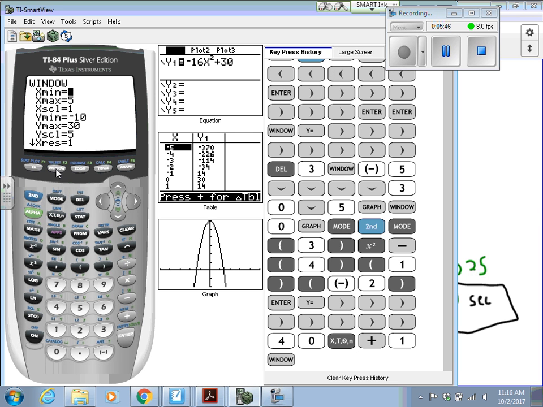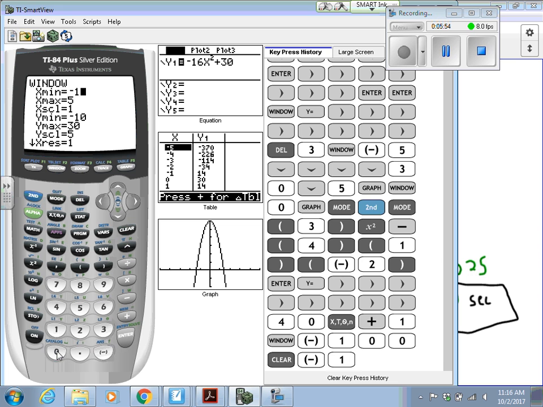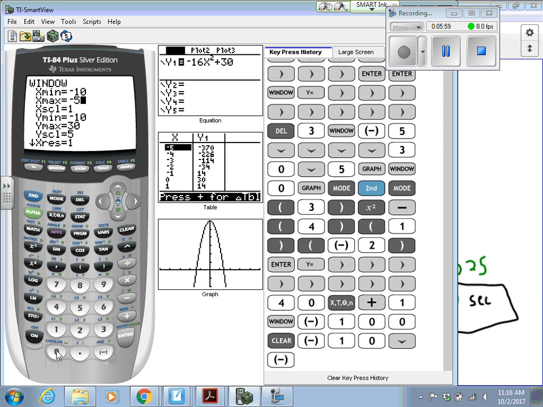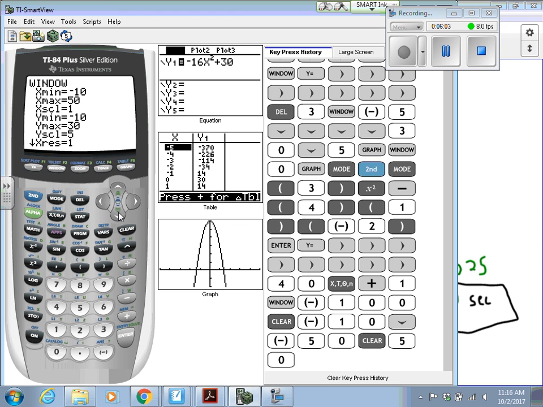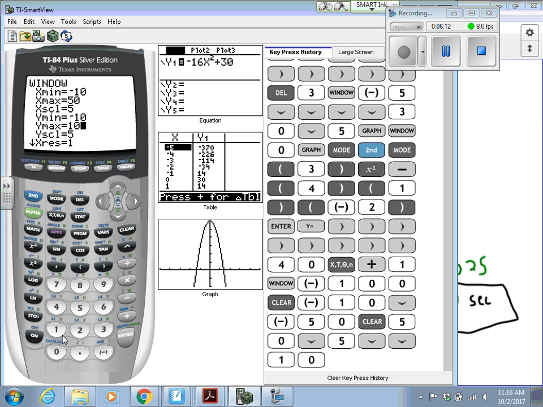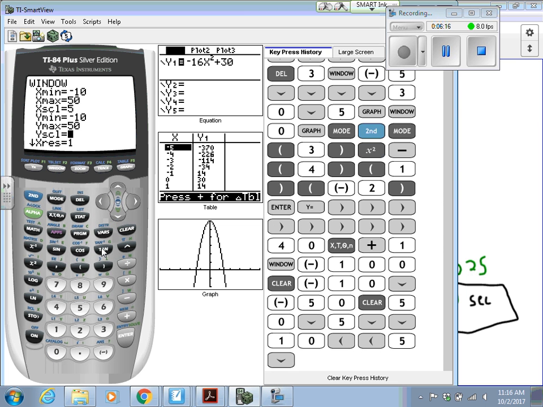Now make sure your window is big enough for this, so I'm going to go to negative 10, and then go to positive 50, and make the scale 5. And then here I'm going to do the same thing. So negative 10, and then let's say a positive 50, and make that, once again, 5.